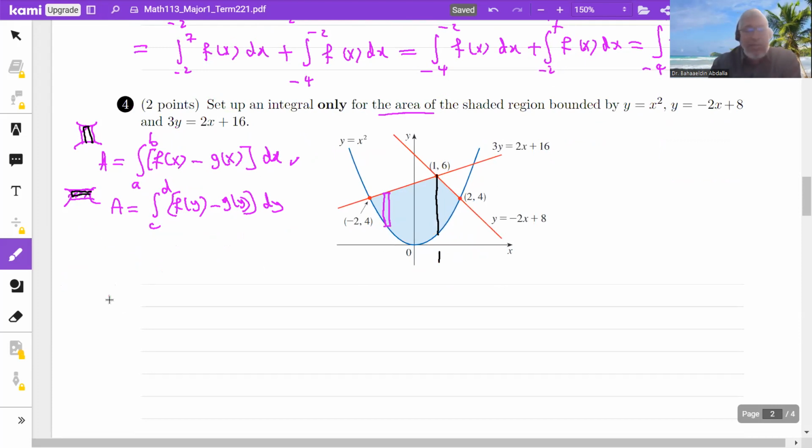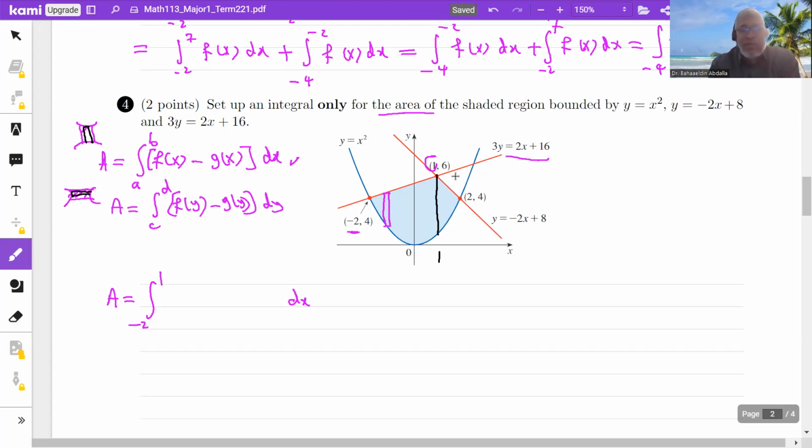So the area would be the integral, well, I'm working with dx, with respect to x, the width of the rectangle. So x runs from, x here is -2 and x here is 1. So from -2 to 1. And f of x, the function above, which is this function, and it has to be y equals f of x.